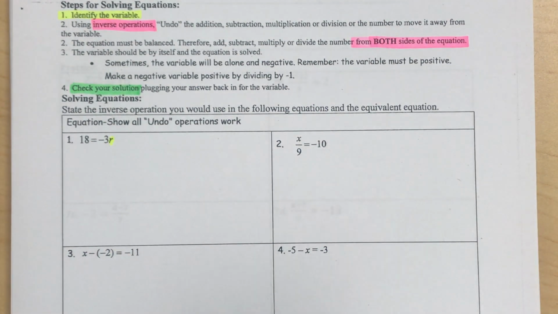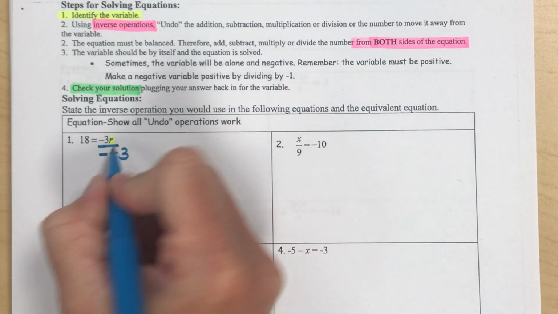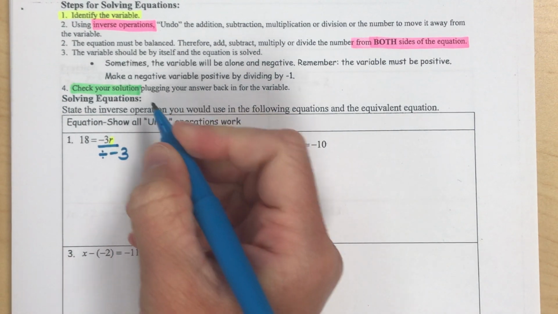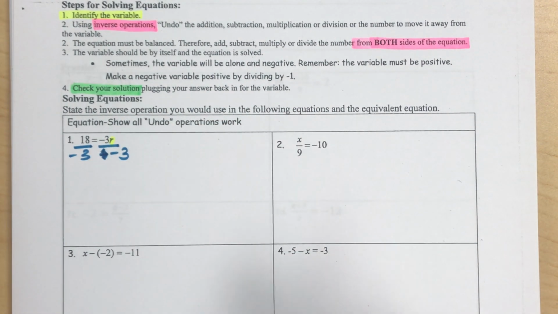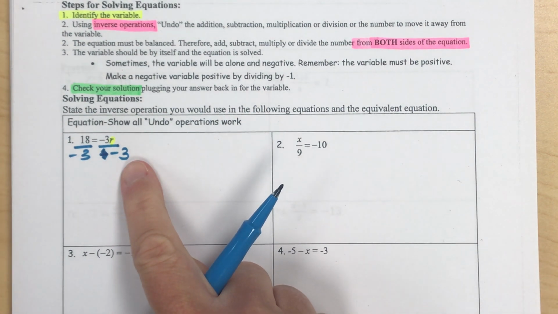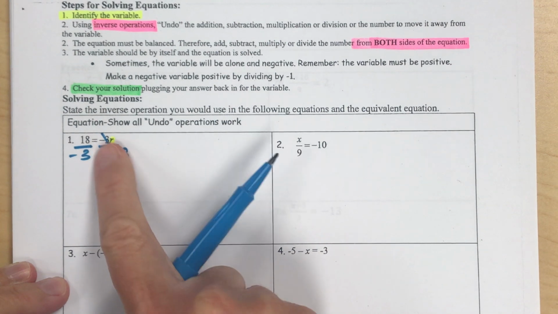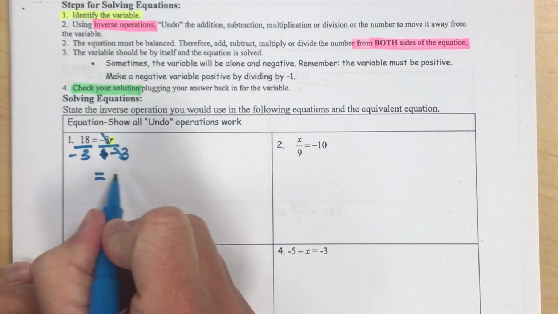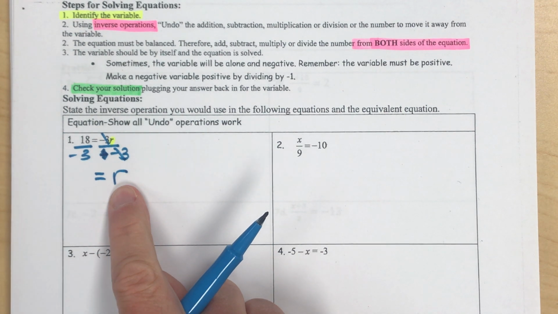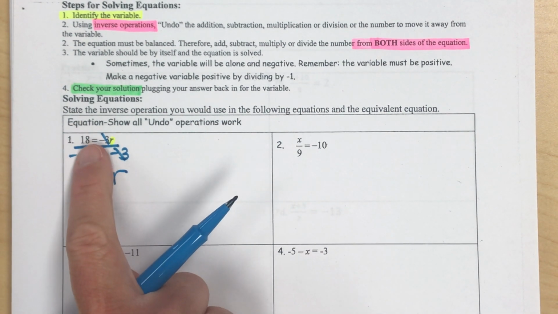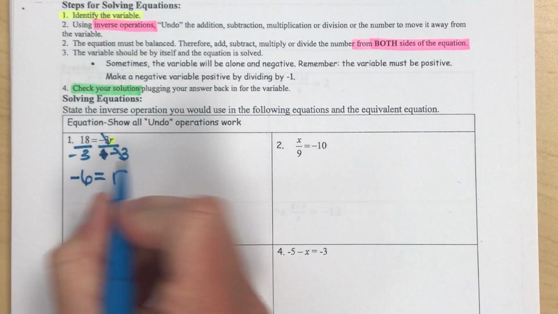Well, how I undo multiply is divide by -3, using my fraction bar. So now if I divide by -3, -3 divided by -3 will cancel out here on the right side. So on this side of my equation, I have my R alone and positive. And now if I simplify 18 divided by -3, I will get -6.